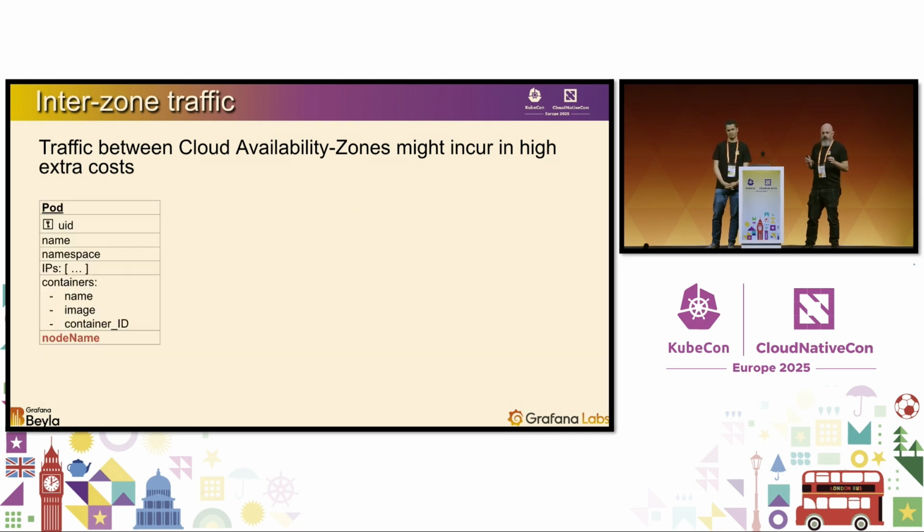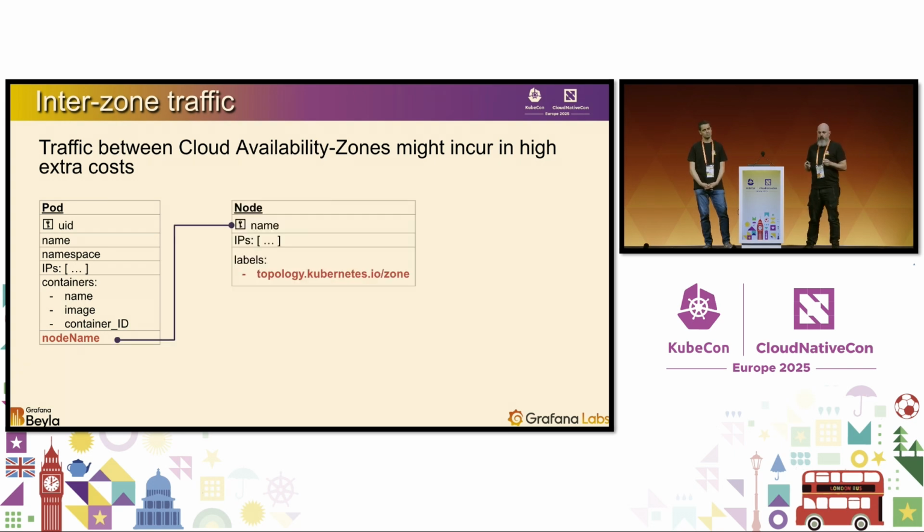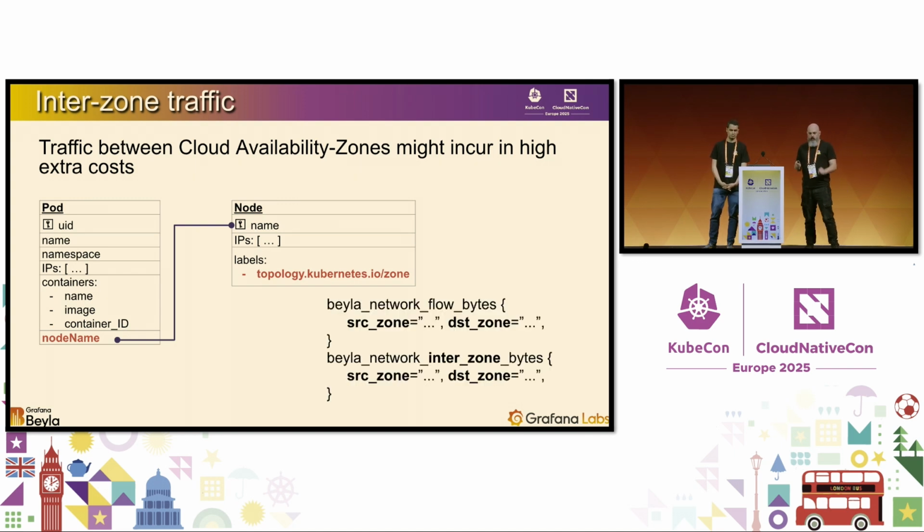Basically, we go to the pod and get the node name. In the node, there is the label topology.kubernetes.io/zone, and by fetching this data, we are able to enrich our Beyla network flow bytes with the source and destination zone. We can even create a new metric, which is the total bytes between zones.